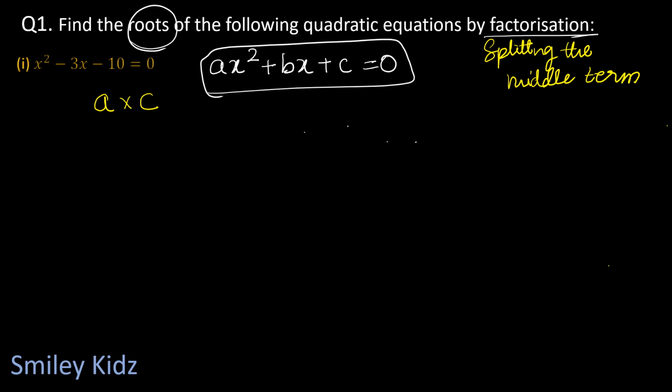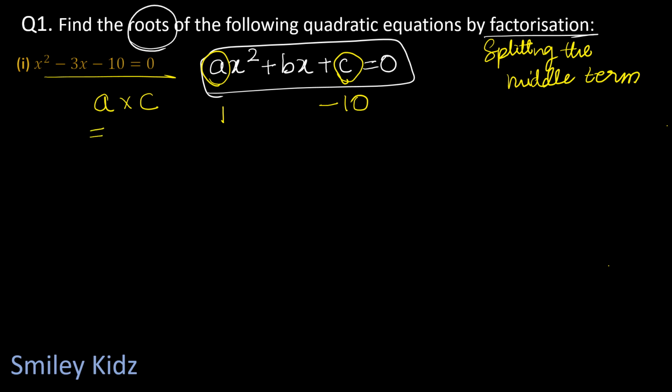And in this, we have a as 1 in our given equation and c as minus 10. You must always remember to even count the sign. Here we have minus 10 and not 10. So the value of c is minus 10 and the value of a is 1.